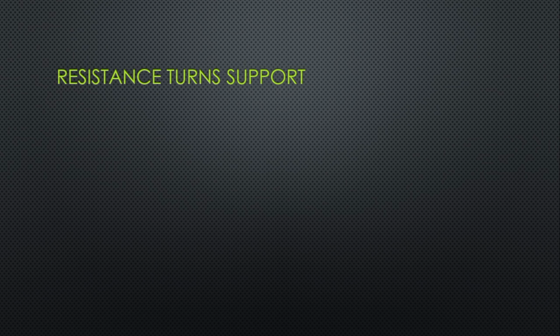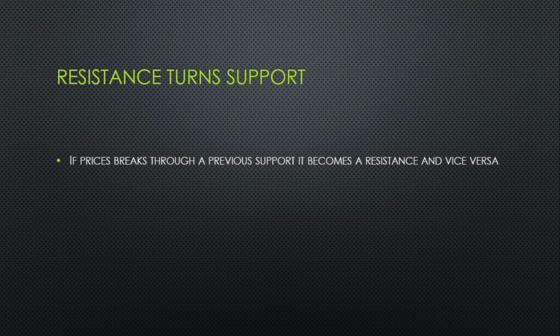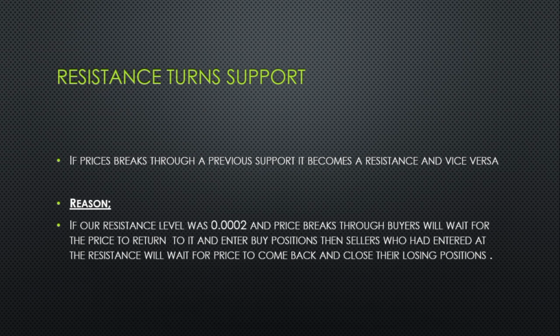So resistance turns support. If price breaks through a previous support, it becomes a resistance and vice versa. Because if our resistance level was at 0.0002 and price breaks through, buyers will wait for the price to return to it and enter buy positions.